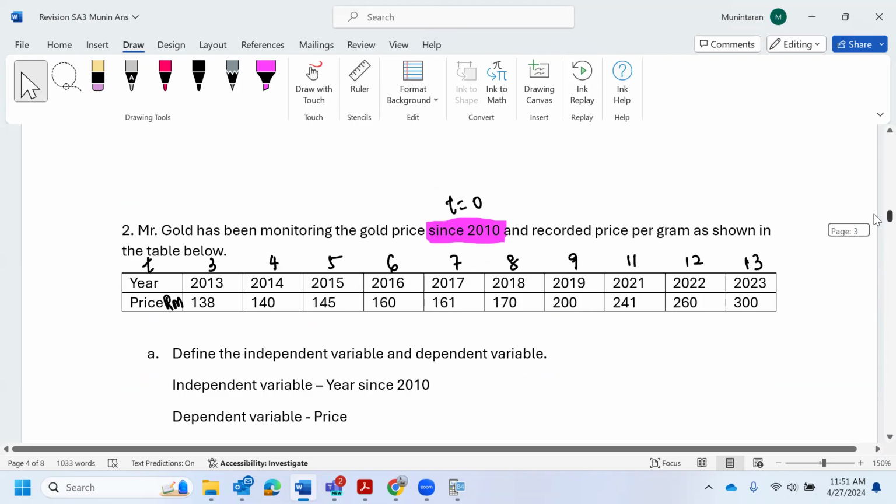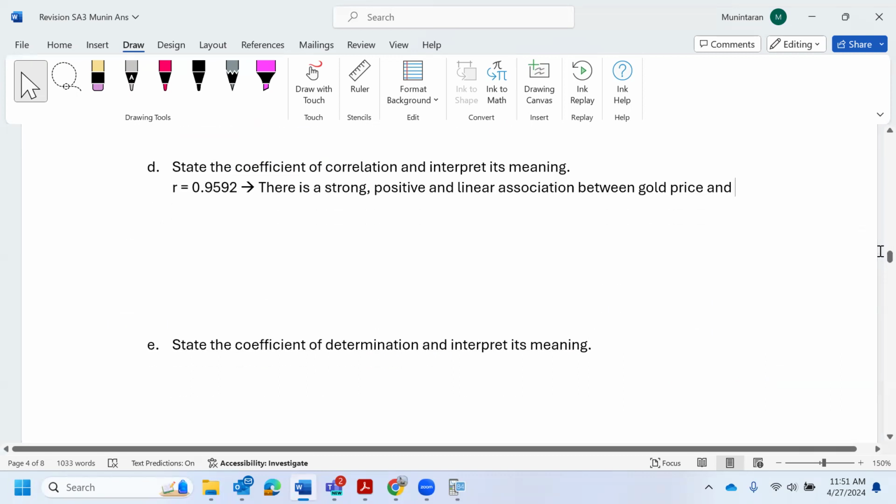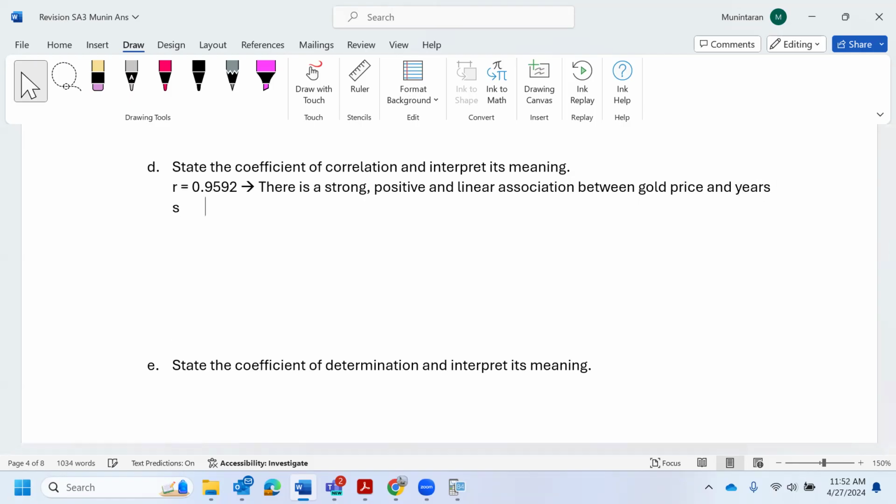Year since 2010, right? And time since 2010. I think it's supposed to be years since 2010. Careful, you must mention linear. Although we say that non-linear, that is just by eye. It seems to be not linear, but here it is.